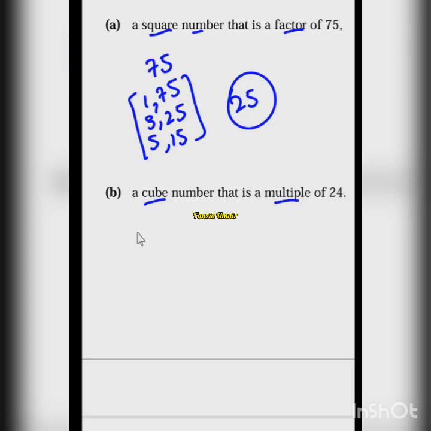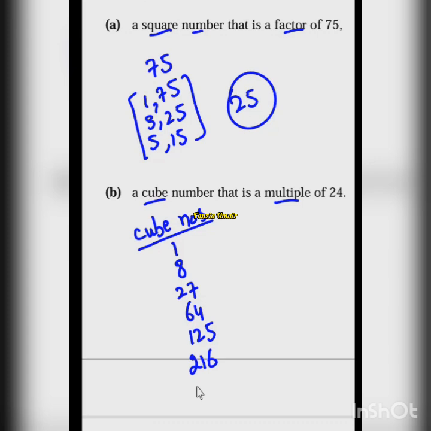So you need to write a cube number that is multiple of 24. पहले तो आप लिखें, what are the cube numbers? 1, 8. हमने इसको डिस्कस किया था. क्यूब नंबर्स को लिस्ट डाउन करते हैं. 1, 8, 27, 64, 125. 5 cube is 125, then 6 cube is 216. So to save time in the paper you should know at least 10 cube numbers.